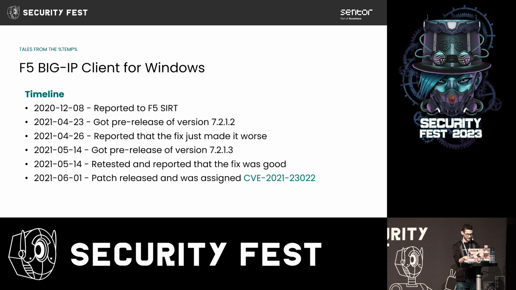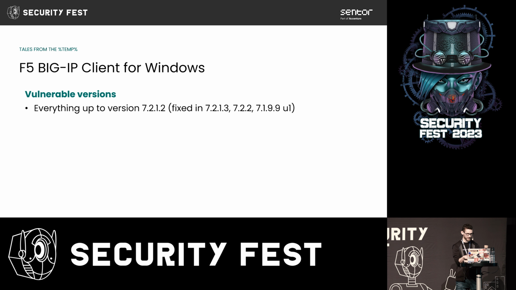But yes, okay. And even though they fixed it in the new version, an attacker would still be able to use the old versions because they're still signed. They have a few different version tracks, but it was fixed in 7212, so everything up to 7212 is vulnerable.